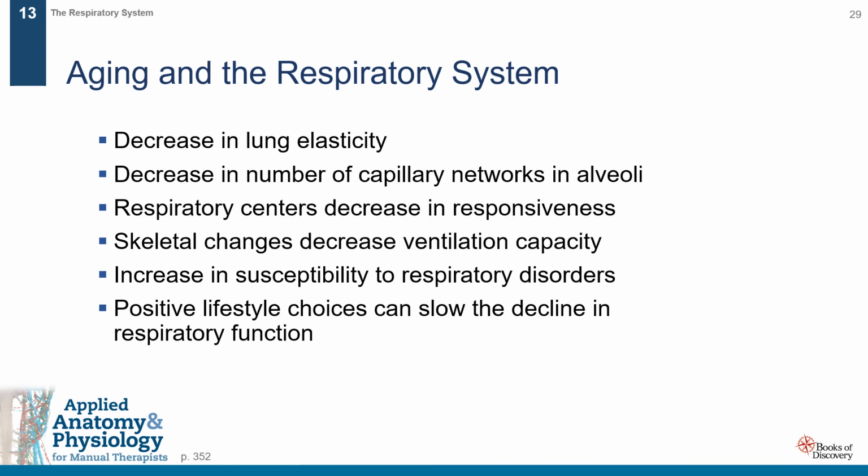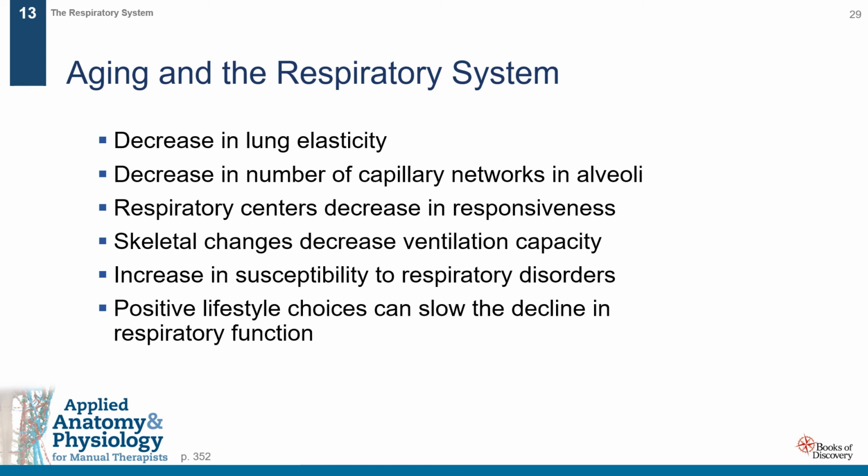Let's now consider aging and the respiratory system. As the body ages, lung tissue becomes less elastic, the number of capillary networks in alveoli decrease, and the respiratory centers become less responsive to changes in oxygen and carbon dioxide levels.